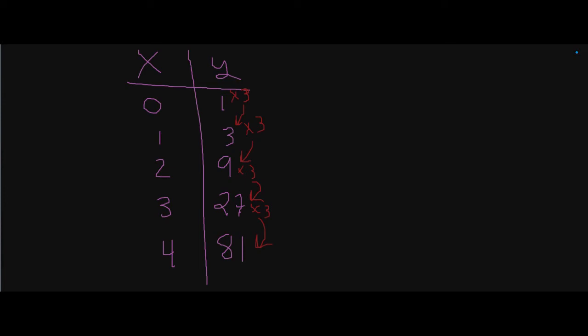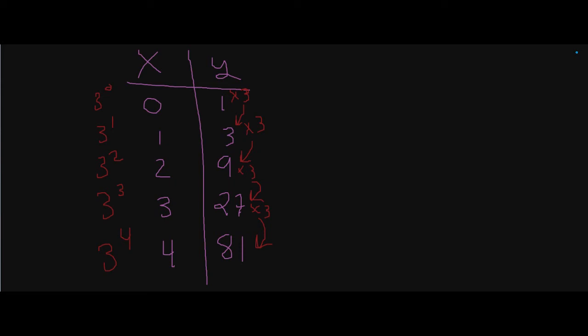Now, one thing to notice is that if you have 3 to the first power, well, that's just going to equal the 3 that we have here. Then we have 3 squared, we're going to get the 9 here. 3 raised to the third power, we're going to get 27. And 3 raised to the fourth power is going to get us 81. Alright, and 3 raised to the 0 is going to give us 1.